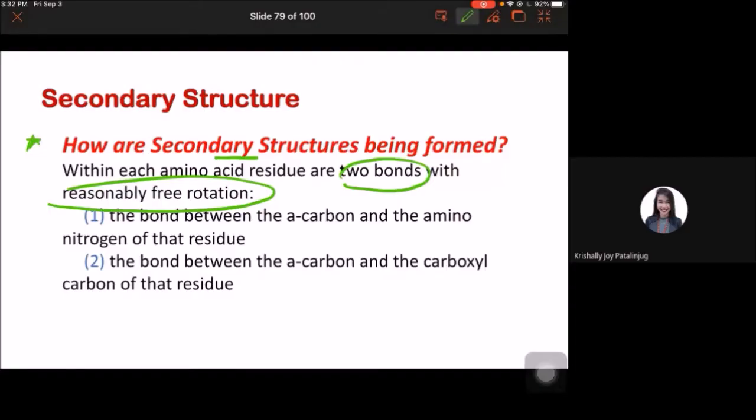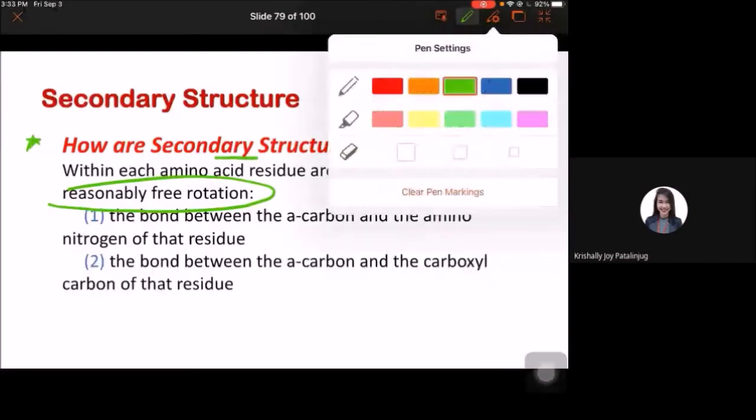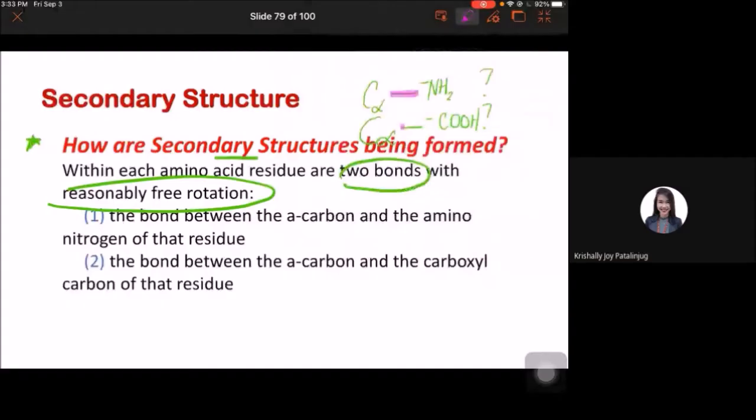Sige, tell me, ano nga ulit yung mga rotational bonds? Alpha carbon towards amino group, and alpha carbon towards carboxyl group. Very good. Dahil sa bonds na to, dahil rotational sila, malaki ang chance na secondary structure will be formed.